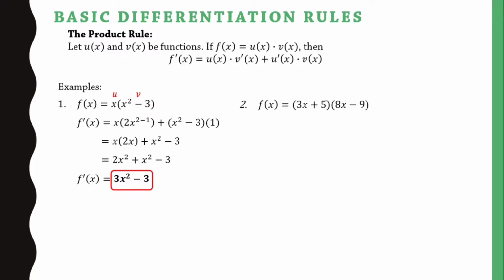Second example, we have f of x equals 3x plus 5 times 8x minus 9. So, let us take u as 3x plus 5 and v as 8x minus 9. So again, we follow the differentiation rule, u of x times v prime of x plus u prime of x times v of x.